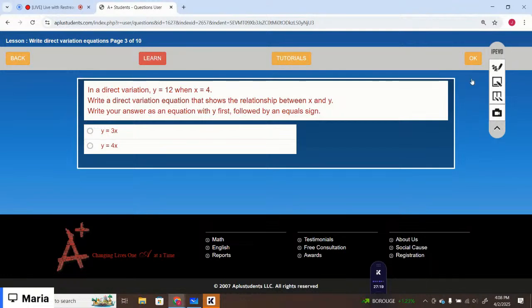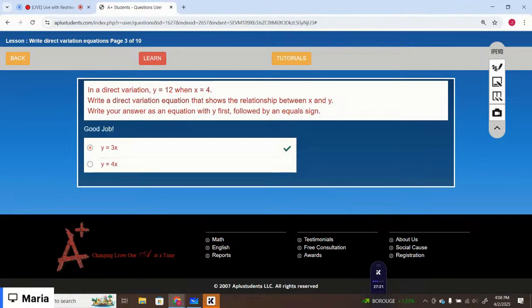The correct option is y equals 3x. Option number 1 is the correct option.